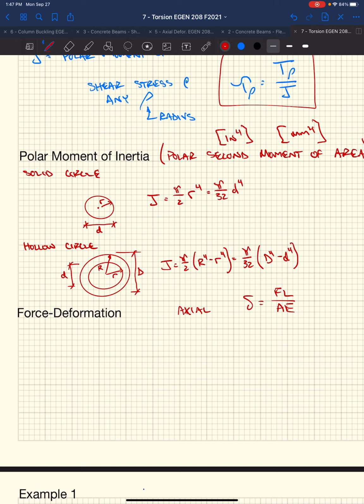Well, that's exactly what we're going to do here. We're going to say, similar to axial deformation, we've got this delta is FL over AE. We're going to start with Hooke's law.